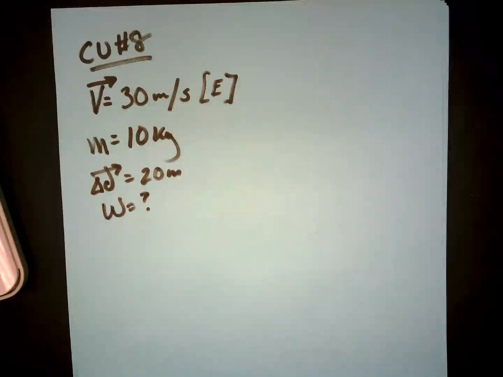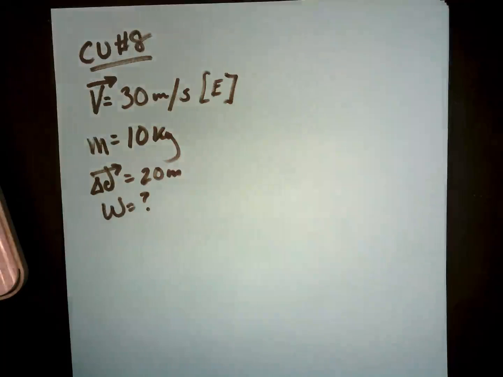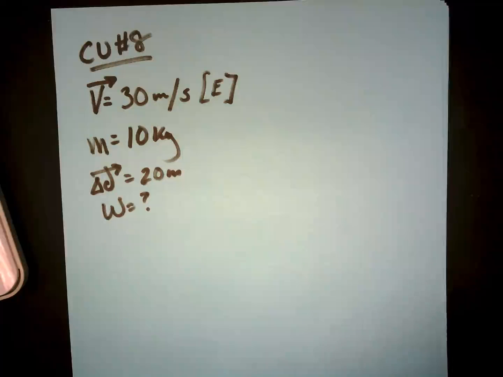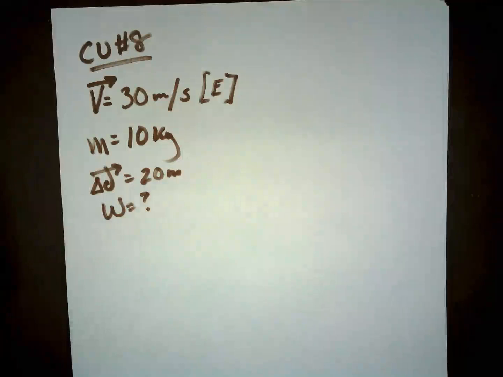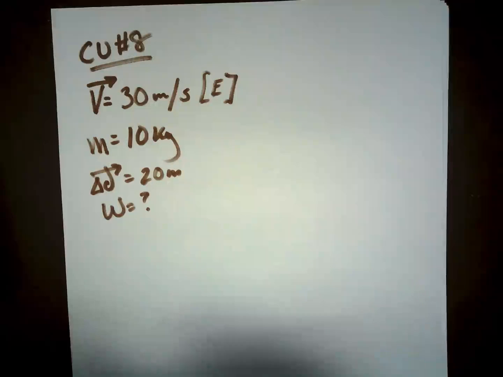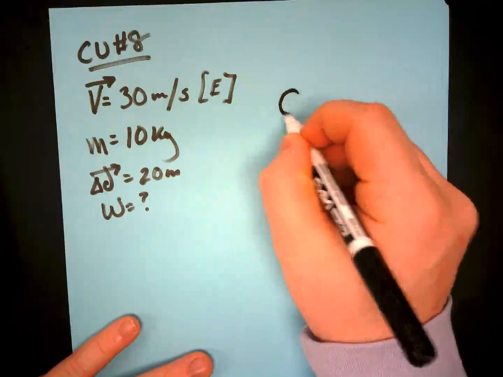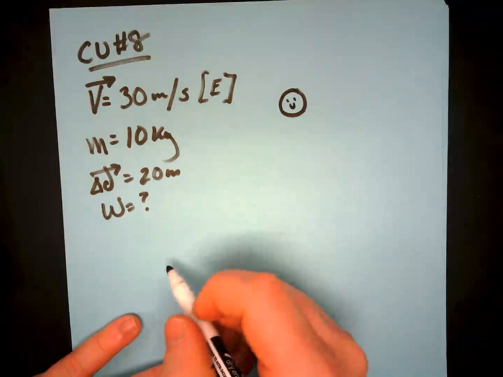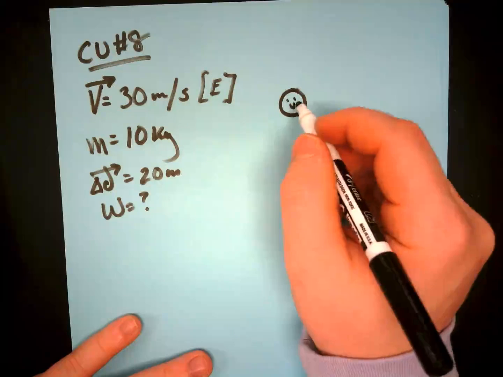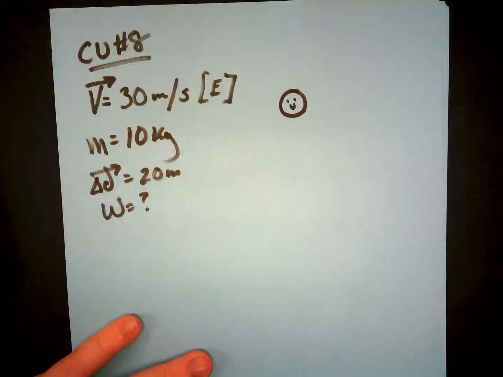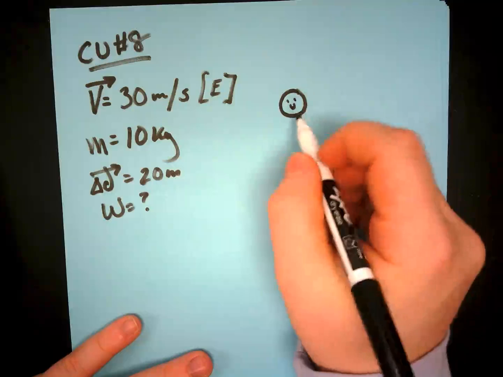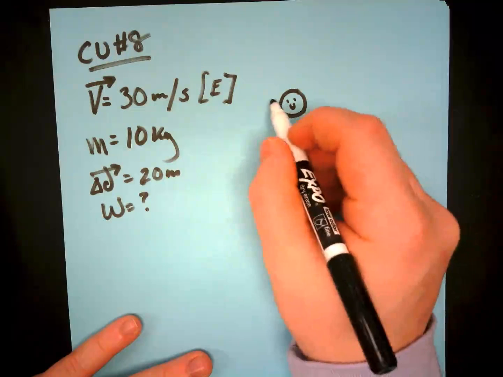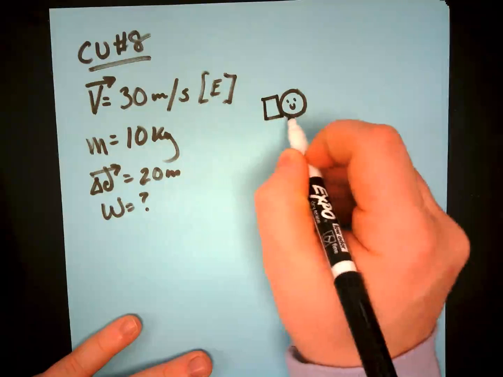Well, let's first draw this out and then maybe draw a free body diagram during this whole process. So here you are, okay? You'll also have a nice little smile because you're so happy to be carrying this decently sized crate box, and you've got this box on your shoulder.